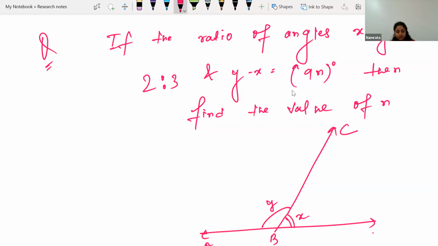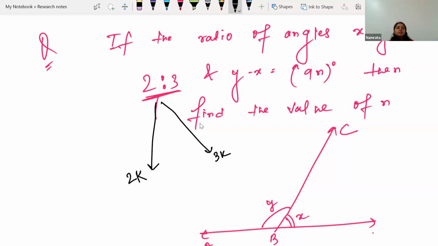Any idea? If a ratio is given, yesterday only I was talking about the ratio. How can we separate them? 2x and 3x. Since here one of the angles is given as x, we can say one of them is 2k and another one is 3k.